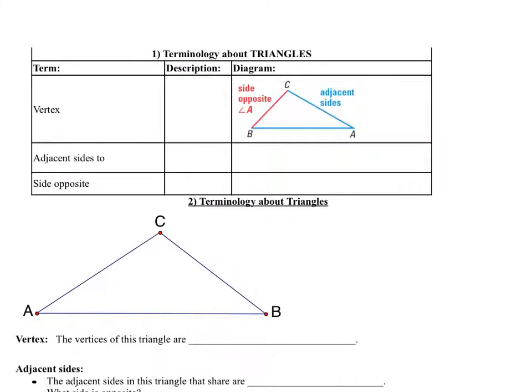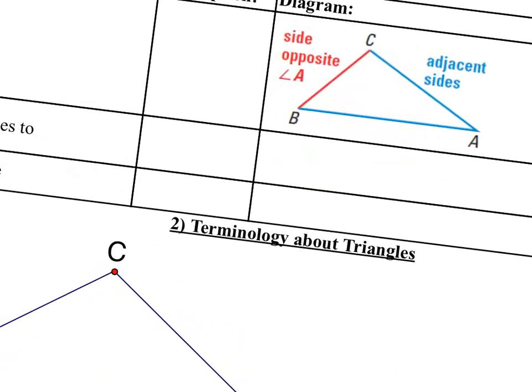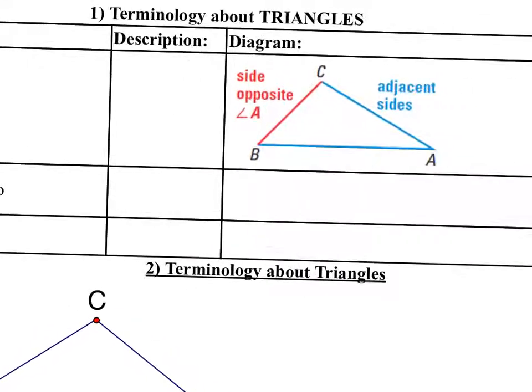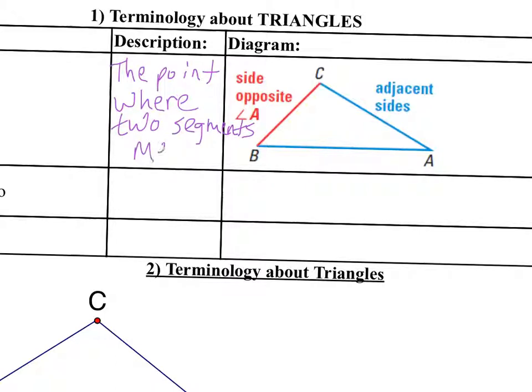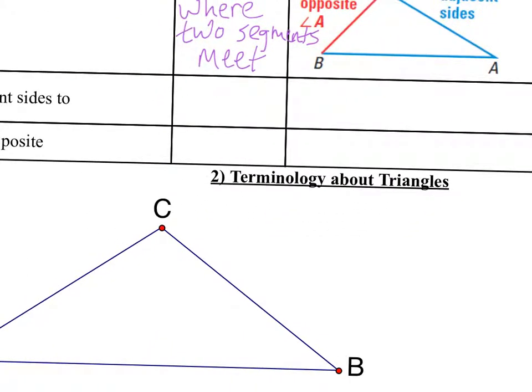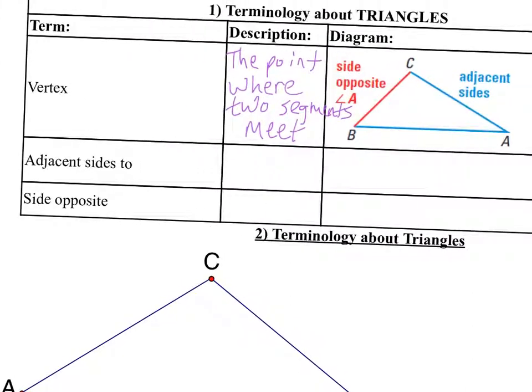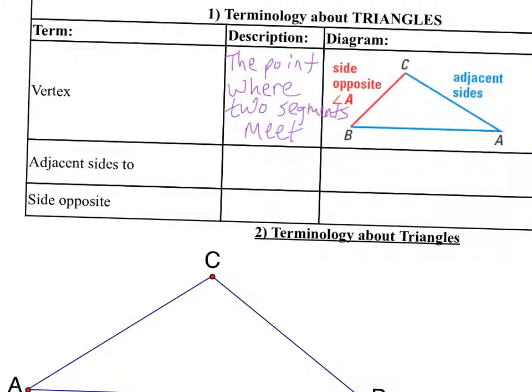Some terminology. We have the vertex, and you guys have heard that term before. Let's just say the point where two segments meet. The adjacent sides, I'll just discuss in terms of this example.